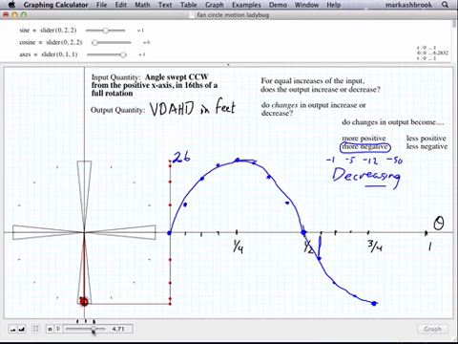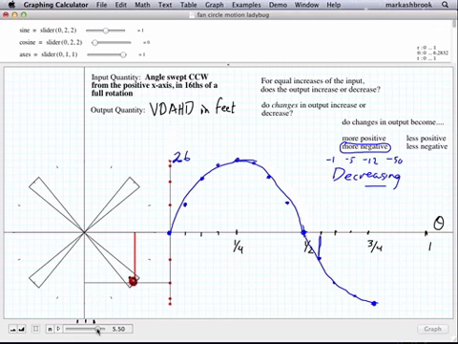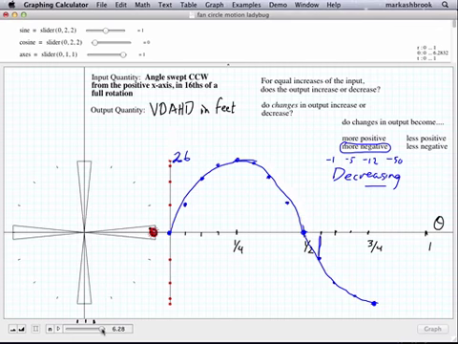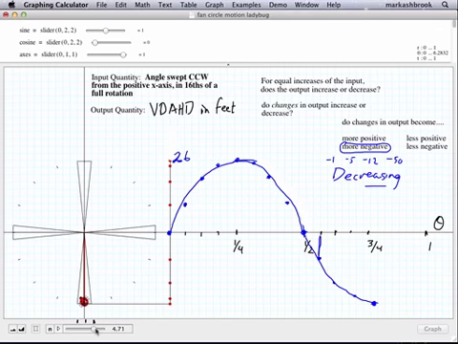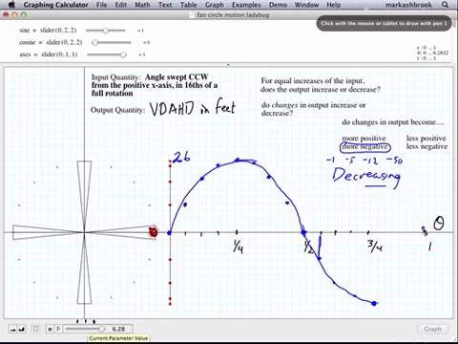Vertical distance goes from what to what, and then what do the changes do? Vertical distance goes from what to what? Negative 2.6 to 0.